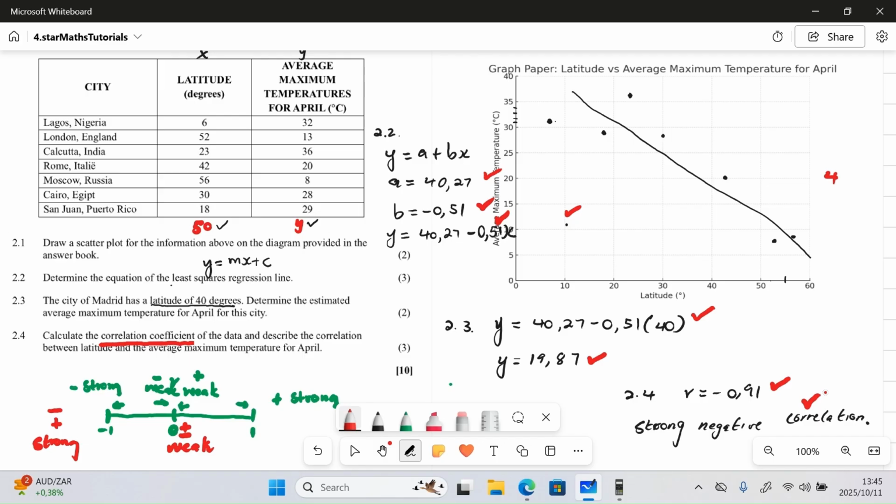But if it's close to 0 from the negative side, it is a weak negative correlation. Close to 0 coming from the positive side is a weak positive correlation.